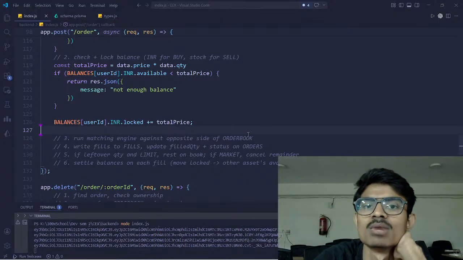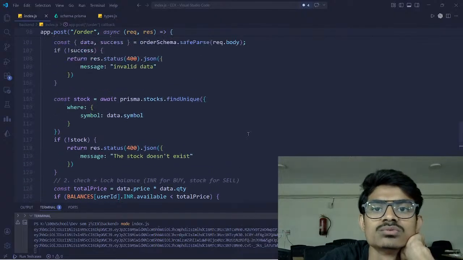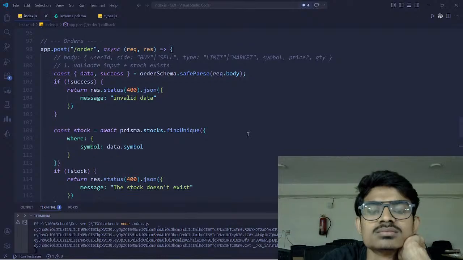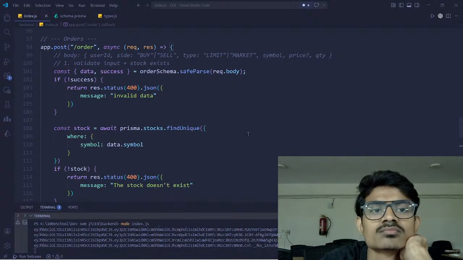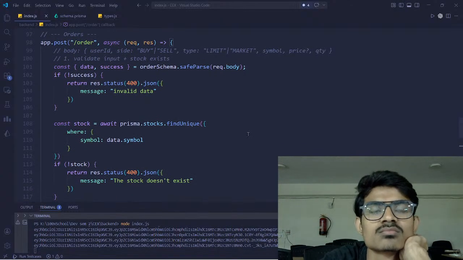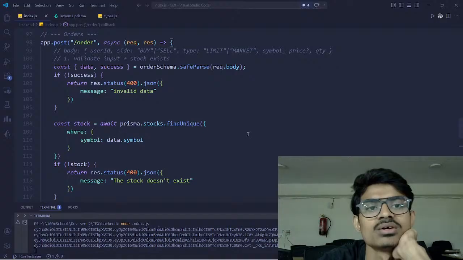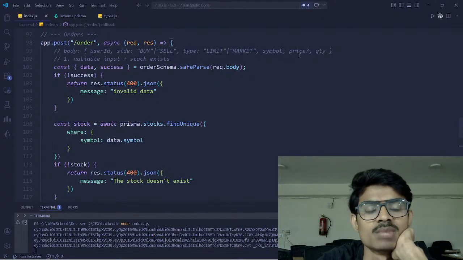So I have done this for buy. So in buy we can do either place market order or limit order. In market order we don't give the price, right? The price is determined by the market.